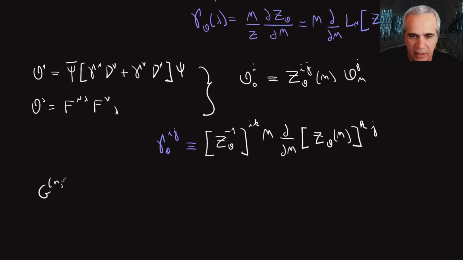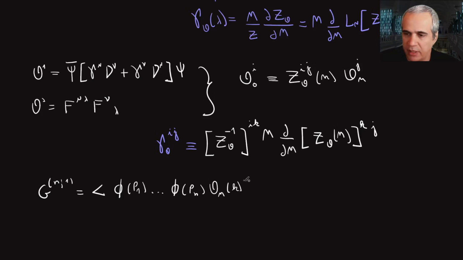I can take n external legs and one insertion of the operator, right? Again, this is given by this product of operators. So have n external legs and one insertion of this operator renormalized at point M, right? And I can write this expansion.